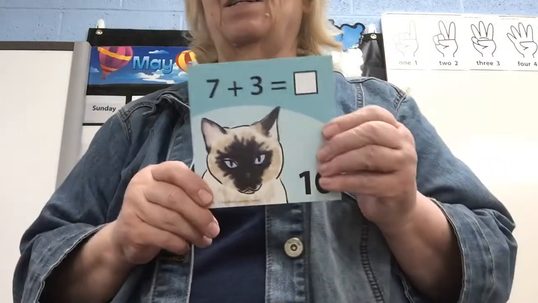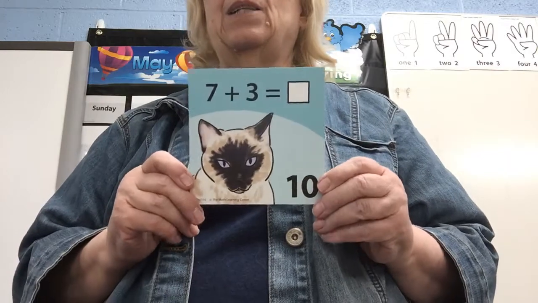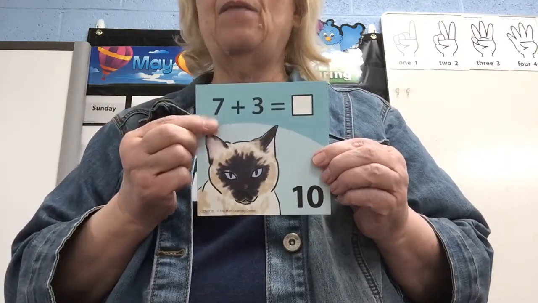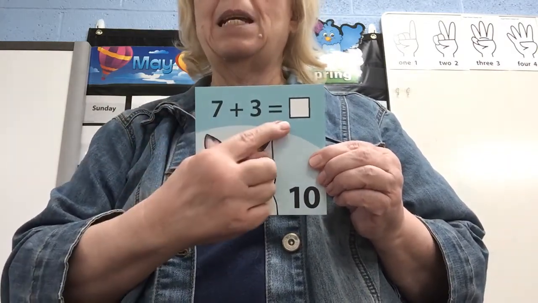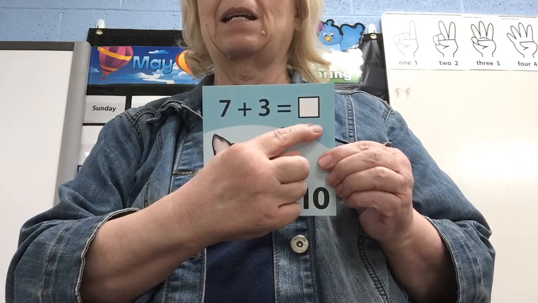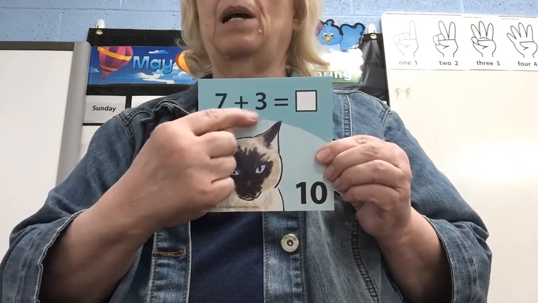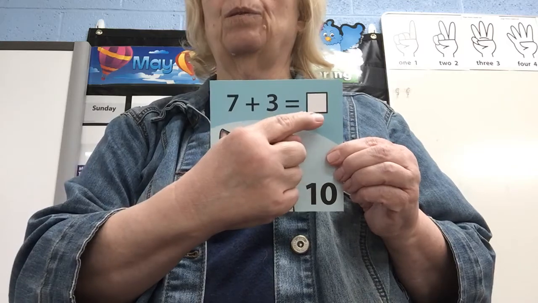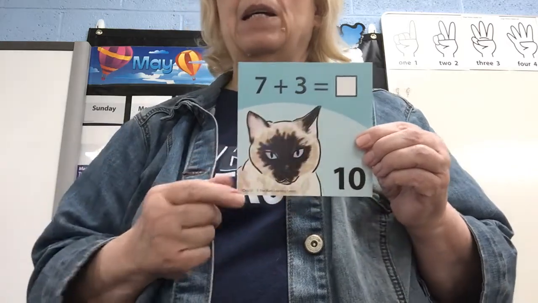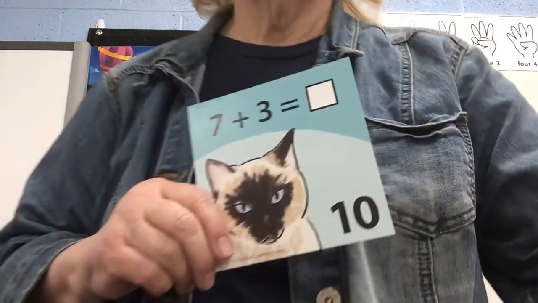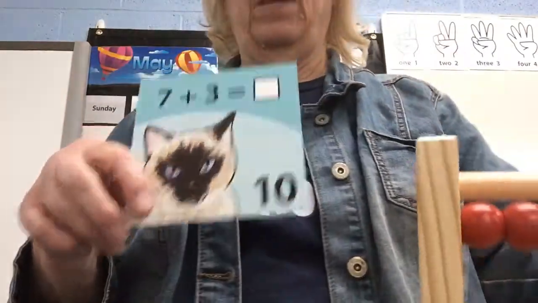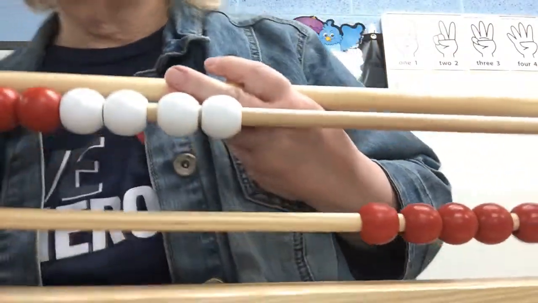Ooh, this one. Let's read it together. 7 plus 3 equals blank. 7 plus 3 equals blank. Okay, I am going to do something on the abacus here.